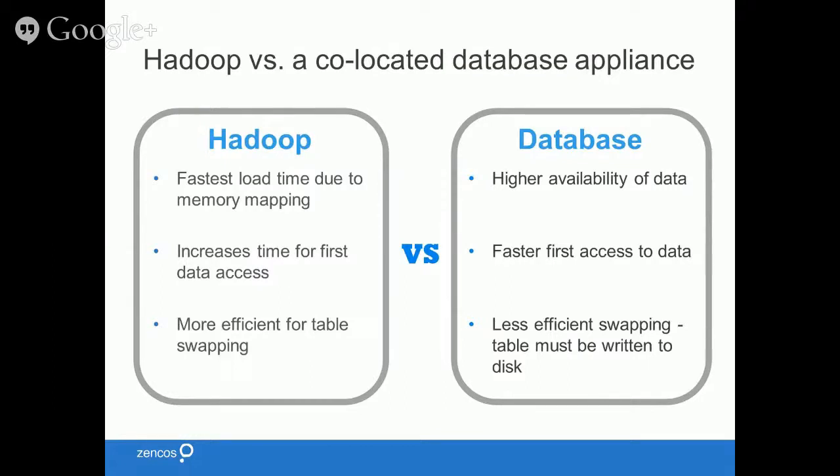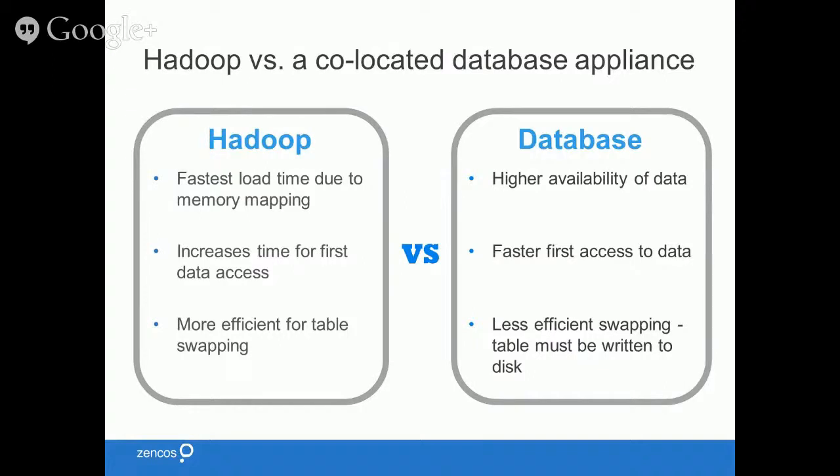But it also provides its own Hadoop build based on HDFS in order to store data to load into SAS Visual Analytics. So what I have up here right now is just a scenario or a comparison of Hadoop versus a co-located database or a database, and some of the benefits of one or the other or both.